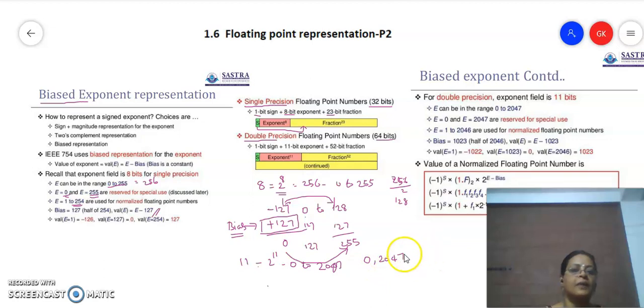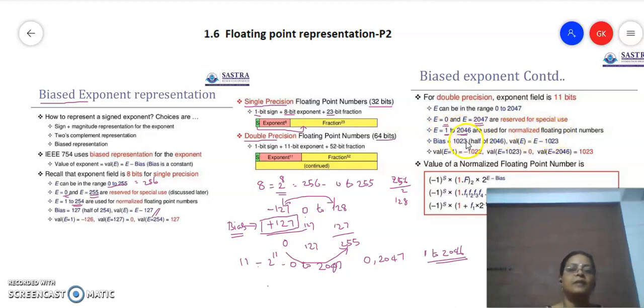These two symbols should not be included, so we will have only 1 to 2046. Only these many symbols will be represented. That's what is given here: E equal to 0 and E equal to 2047 are reserved for special purpose. We are not going to make use of them. So the range will become 1 to 2046, and this range of exponent is only going to be used for normalizing floating point numbers.